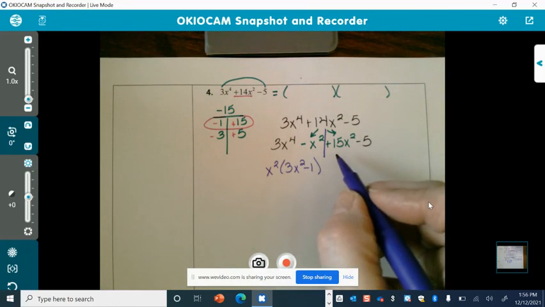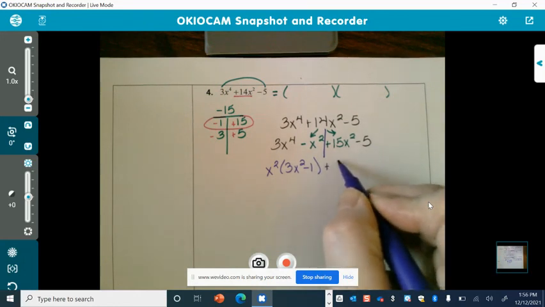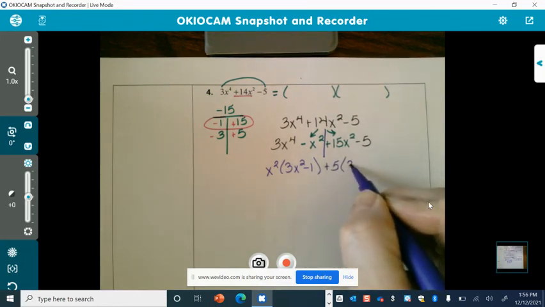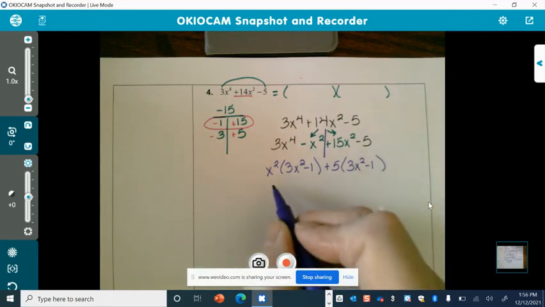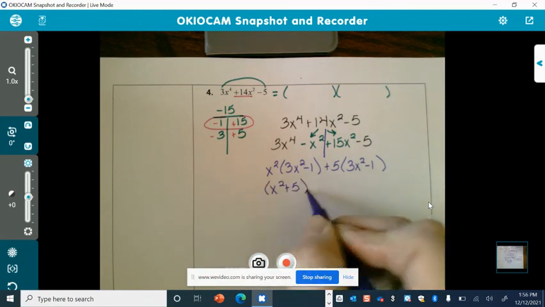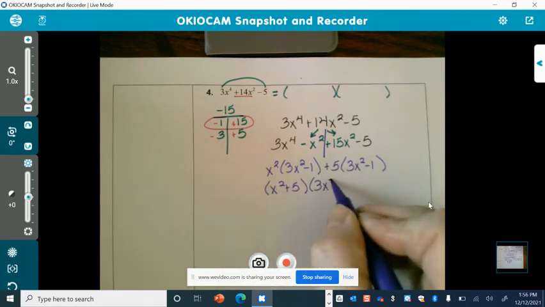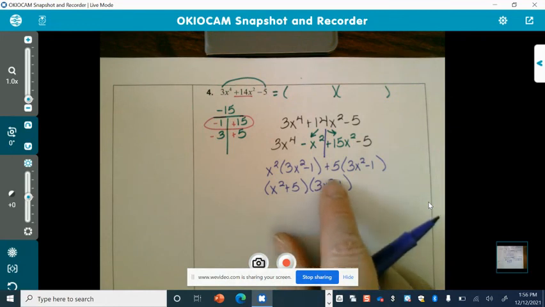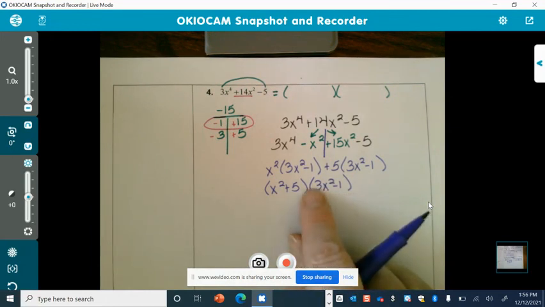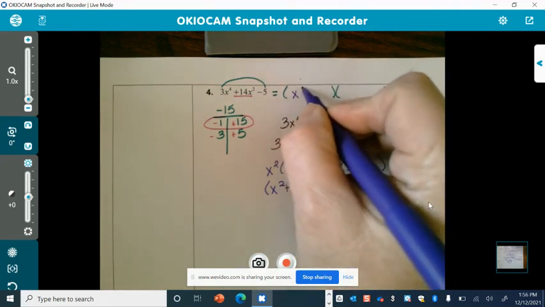Greatest common factor on the right is going to be 5, leaving me with 3x squared minus 1. Let's see if I put this together. Okay, x squared plus 5, nothing I can do to factor that binomial. 3x squared minus 1 is looking promising, but that 3 is not a perfect square. So I'm actually done.